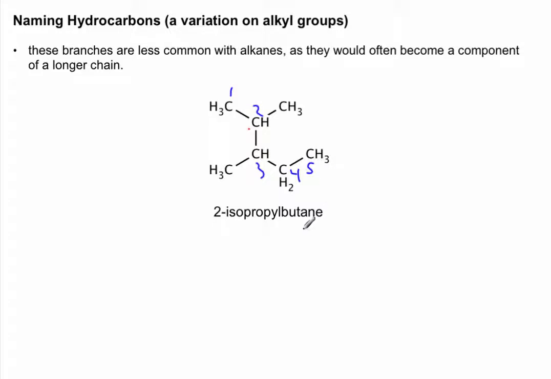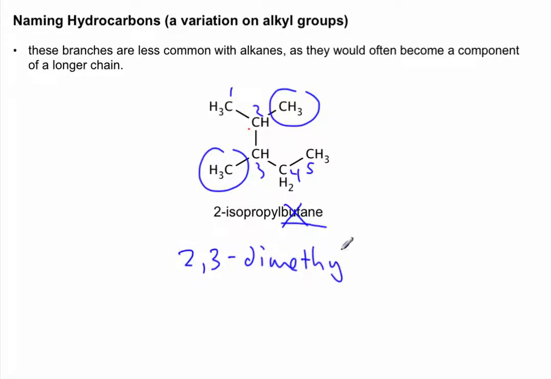And so it's not actually butane. Butane is incorrect. It's actually a pentane. And on carbon 2 and carbon 3, I have methyl groups. So the better name for that is 2,3-dimethylpentane. That said, 2-isopropyl butane is also acceptable because you're using a common name for that branch, which works.